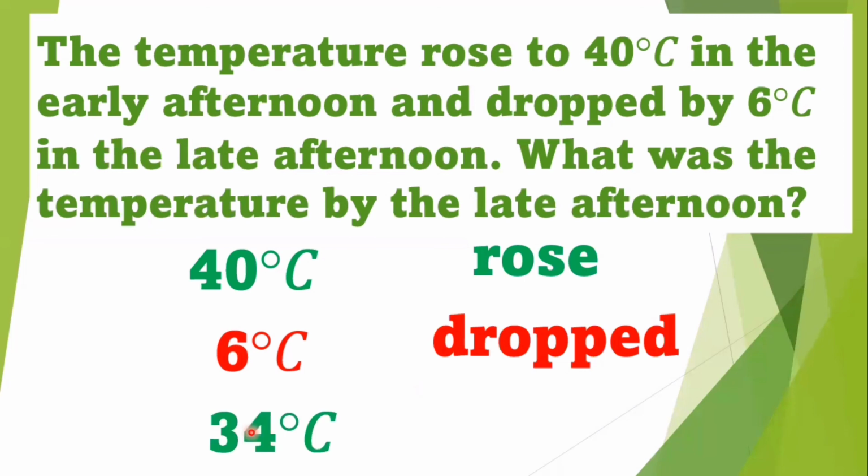We subtract the temperature since they have different directions or different signs. And that is the final answer, 34 degrees Celsius. So, ganun natin iniintindi or sinusolve ang mga word problems regarding integers.